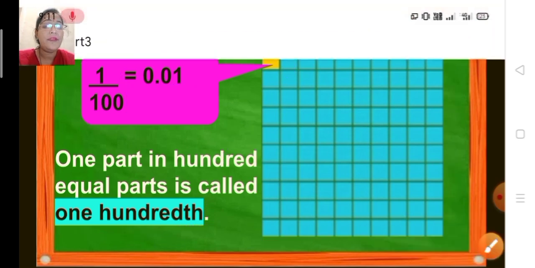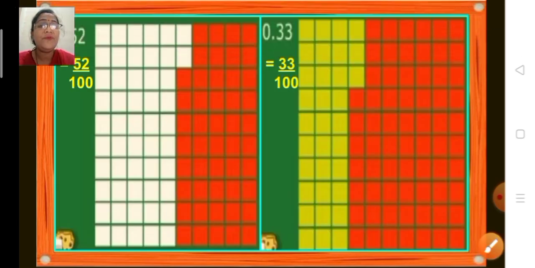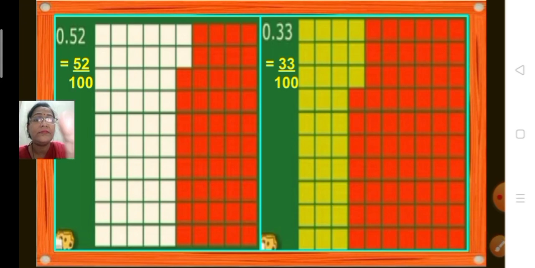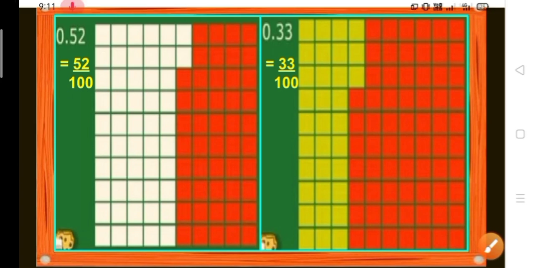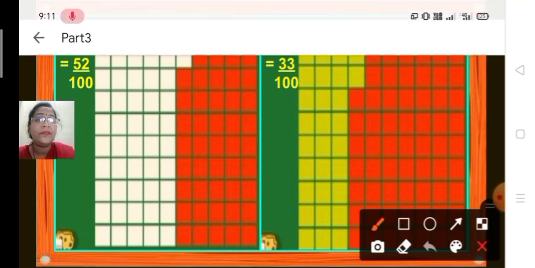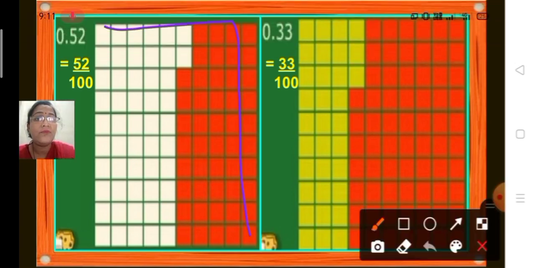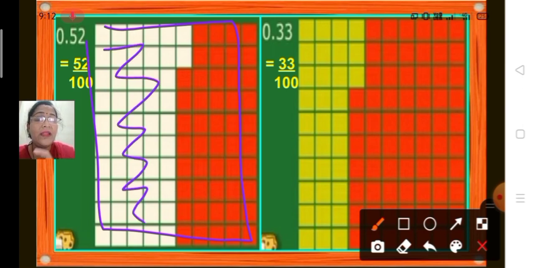Now next we will see a few examples in this. The first number is 0.52. This means, children, out of 100 squares, 52 parts are shaded, and this represents the decimal number 0.52.